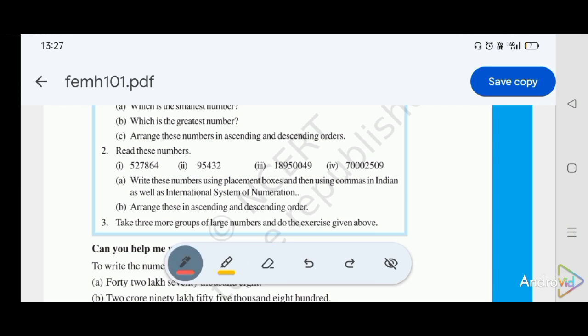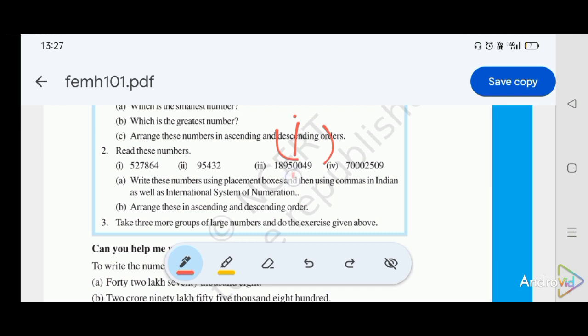Second question, first part. It is 5,27,864. The second number is 95,432.